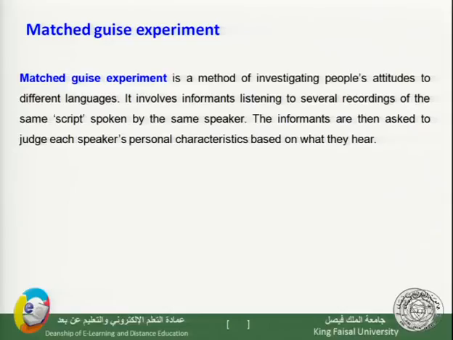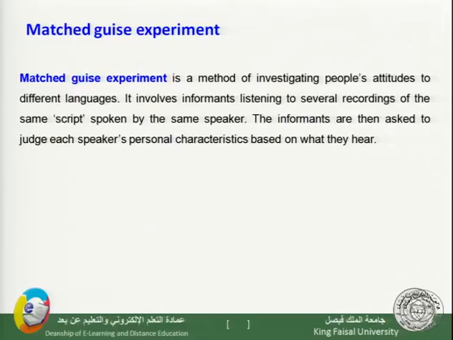So we give the subjects, the informants, the people who participate in the experiment, the chance to listen twice to the same person, but he records the lecture twice, so that the participants think he is a different person. Then they start to give their judgment based on the type of accent this person used.